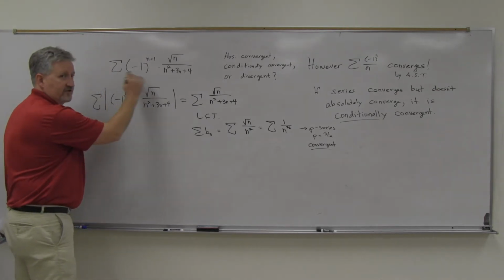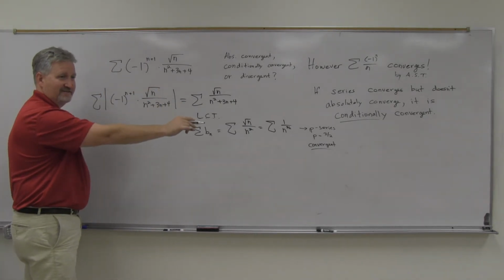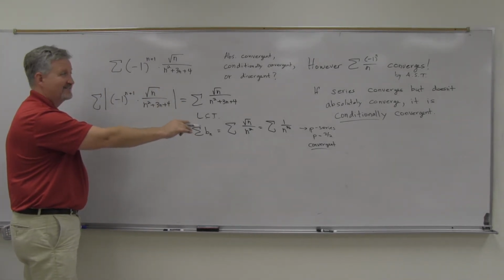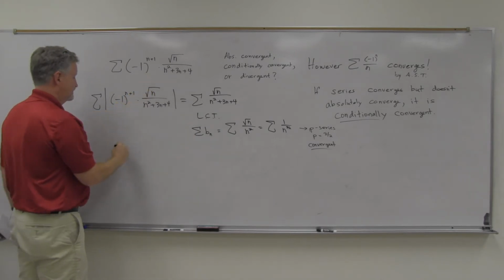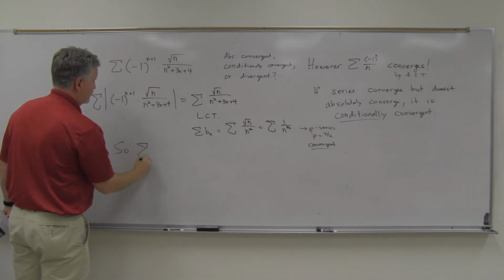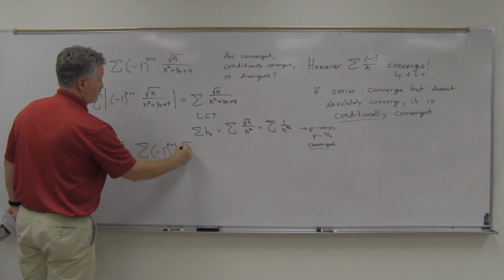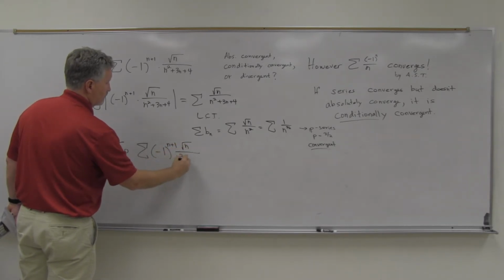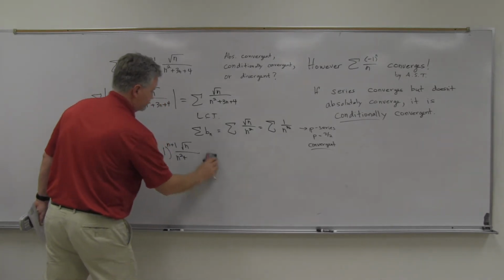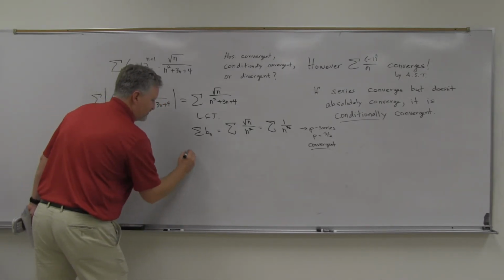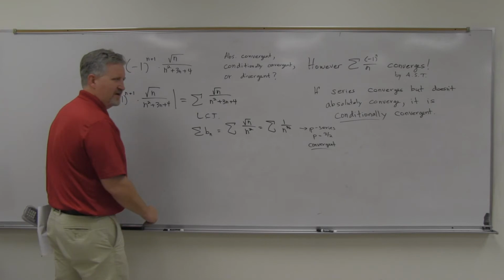So the series of the absolute values is convergent. What does that tell you? That's absolutely convergent. We have to do the limit first. Yeah, there's more to it. I'm just going to do another test inside of it.